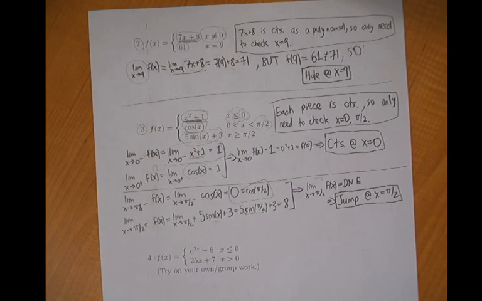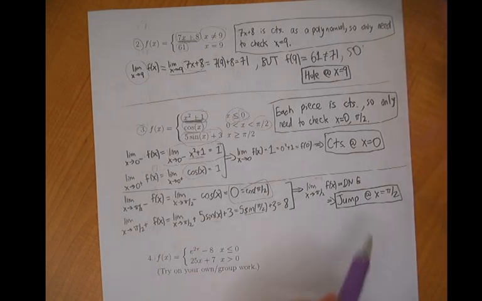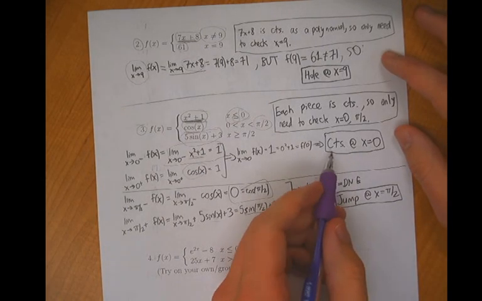Before we do part 4, one remark I want to make is about the way you plug this into Lon-CAPA. The questions are going to ask you where there are discontinuities. They only care about the discontinuities. They don't care if you have a continuous point.